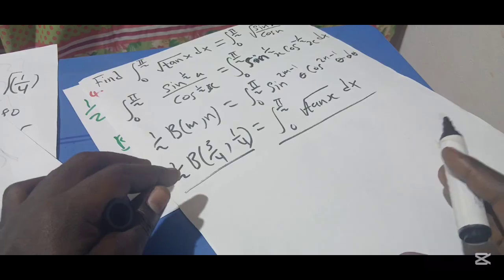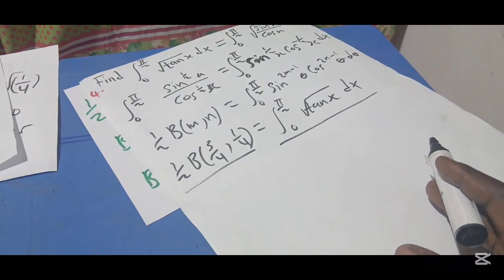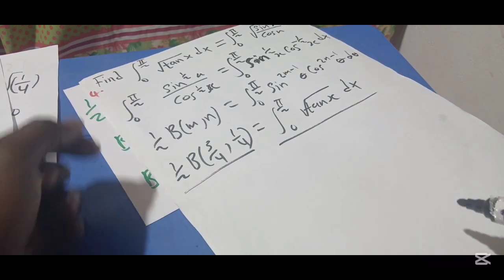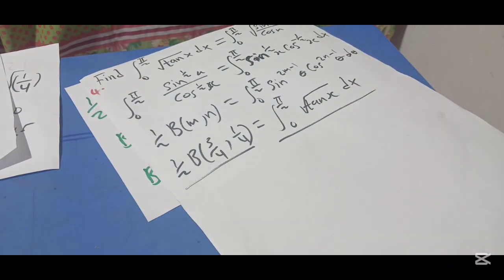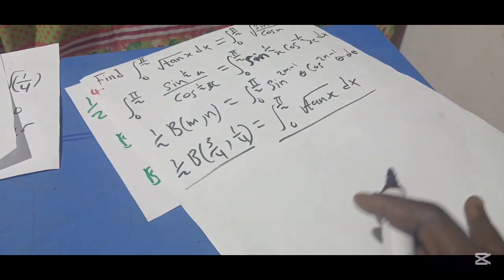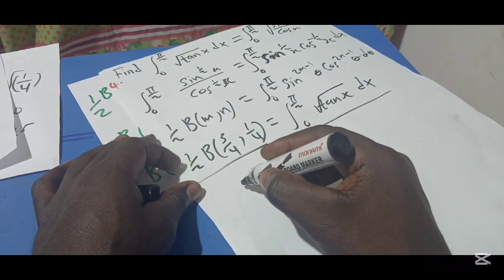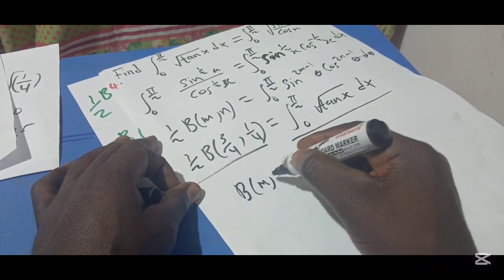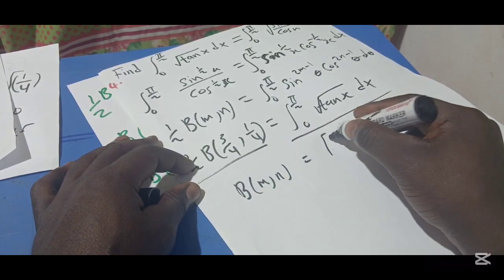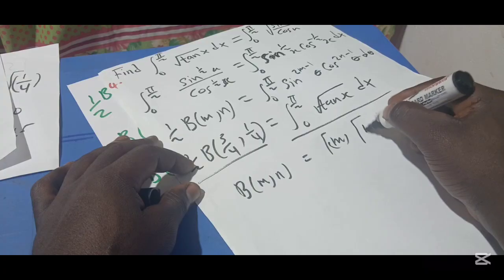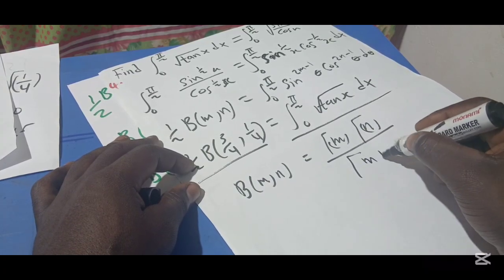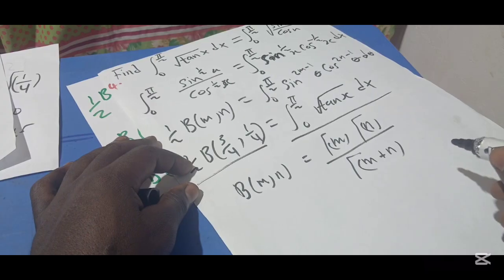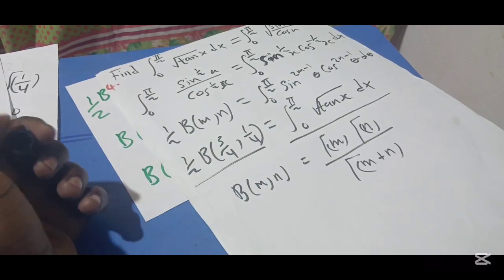One of the benefits of beta functions is that they allow us to solve some integral problems with ease. So using the relation between gamma and beta functions, we know beta of m, n equals gamma m, gamma n, all on gamma of m plus n, right?